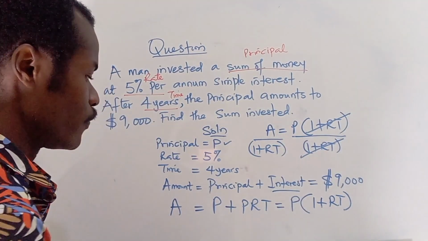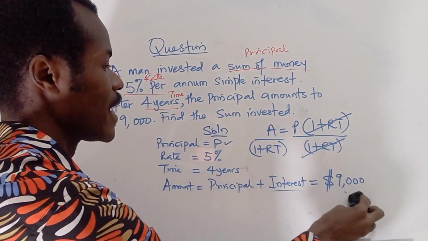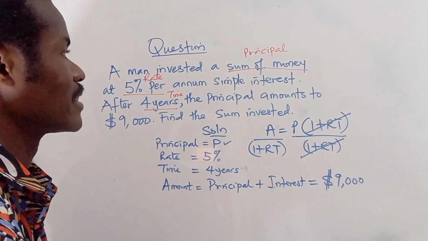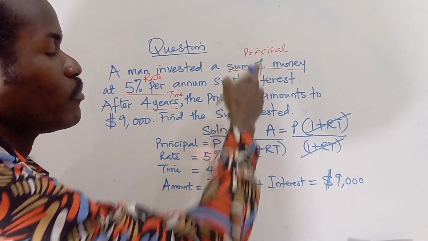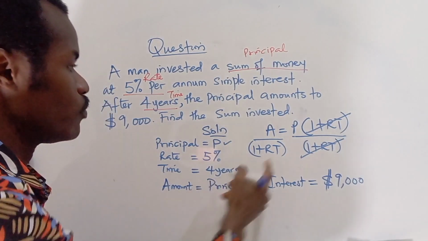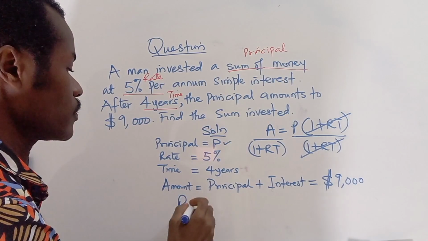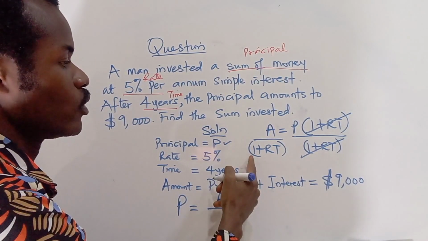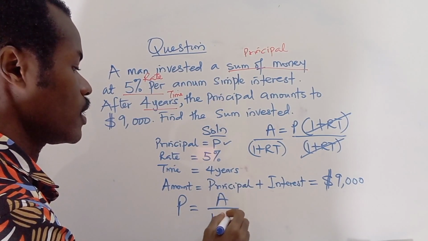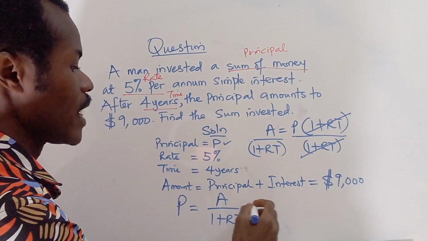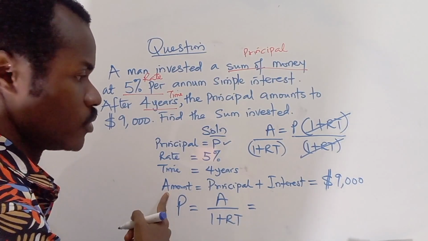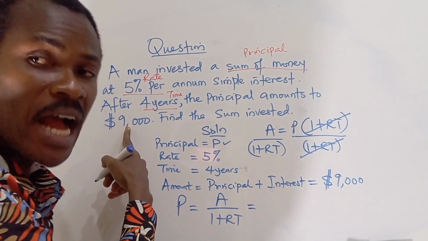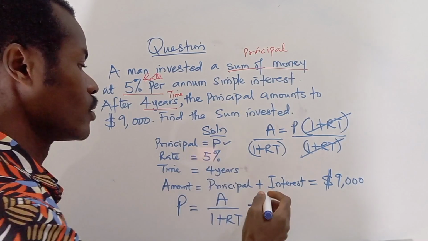The formula with which we are going to solve this problem, since the question is asking us to find the sum of money invested, which is the principal, is P equals A, which is the amount, divided by 1 plus RT. The amount that the principal accrued to is $9,000.